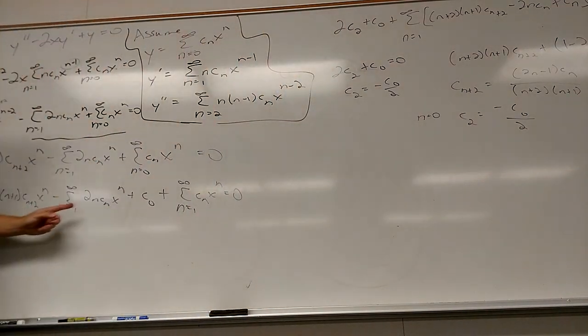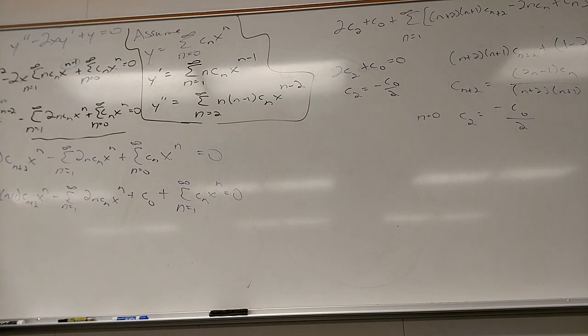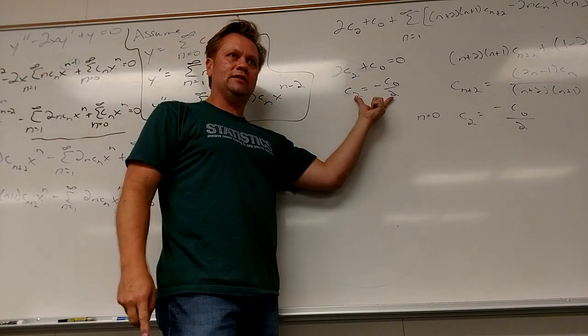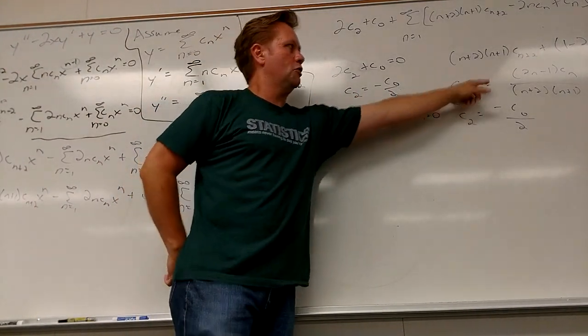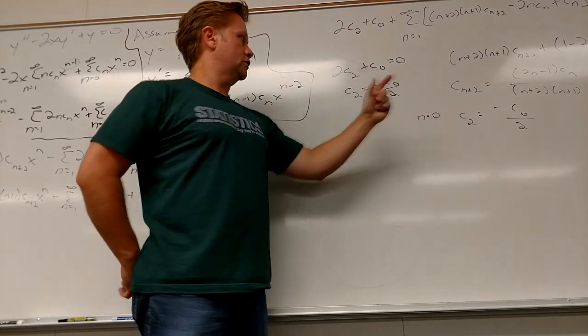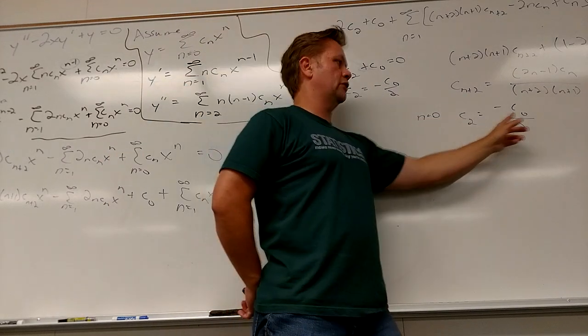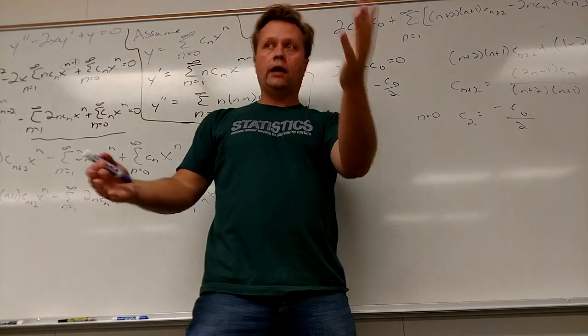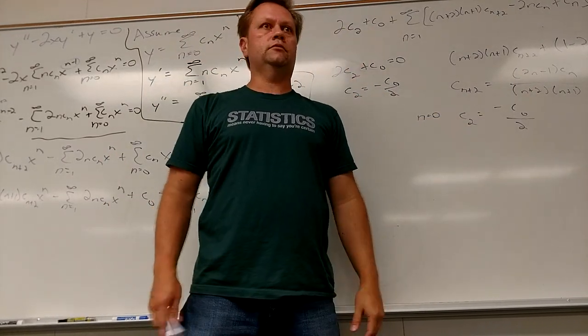Just to make the indices the same, so I could put these together. Whatever relationship this is has to go along with what this says. If you mess up, you'd say C2 is negative C0 over 2, and then over here it says C2 equals 18 C0. Then I did something wrong.